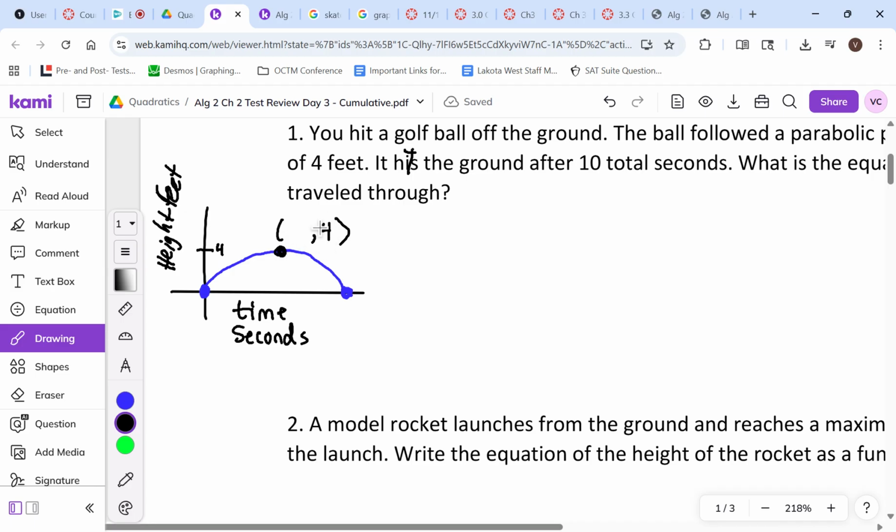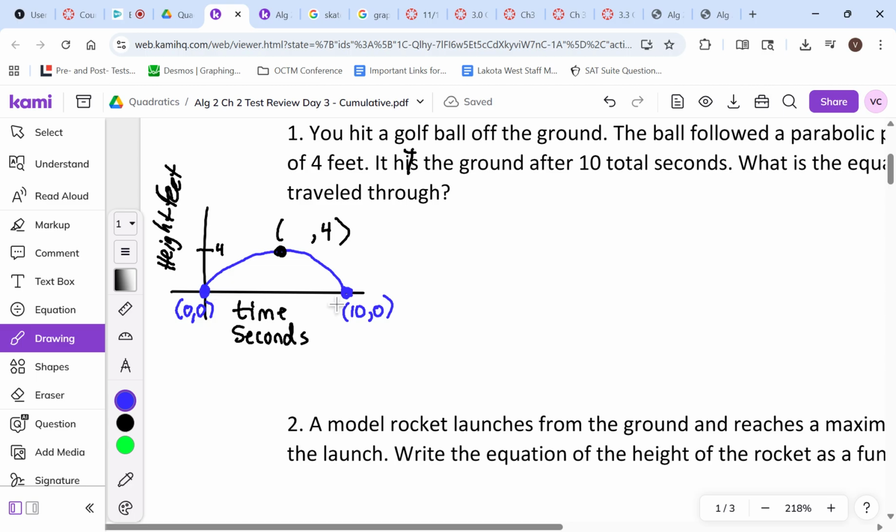And the max height of 4 feet, that's the y value of the vertex. When it starts, the x value and the y value is 0. So we have an x intercept and a y intercept right there at 0, 0. Comes all the way up, hits a height of 4, then it lands again on the ground at 10 seconds. So that's going to be my x value, and my y value will be 0 at those 10 seconds.